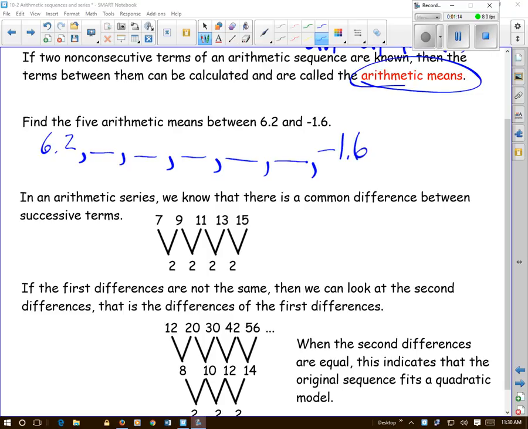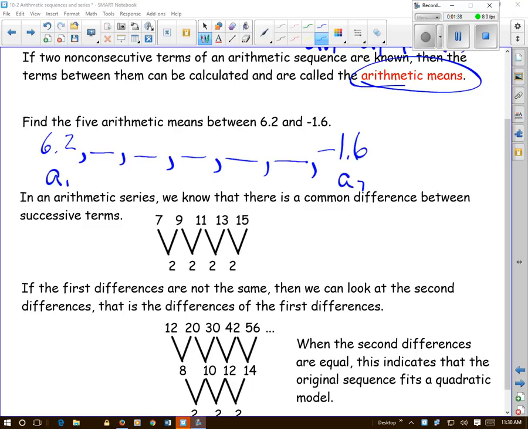So our first term is a1. This is a what? 1, 2, 3, 4, 5, 6, 7, yes. So that's a7, because there are 5 in between that we don't know.